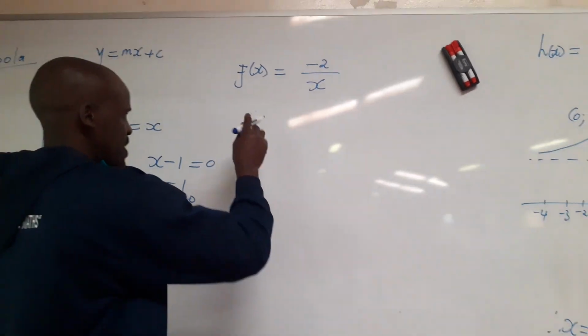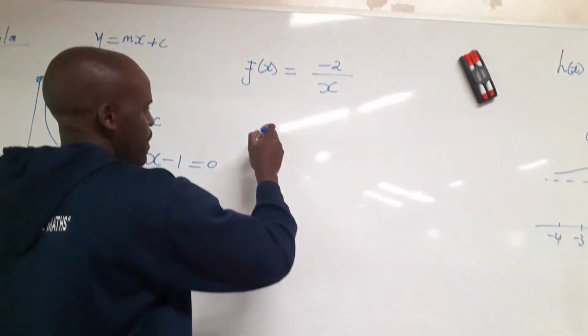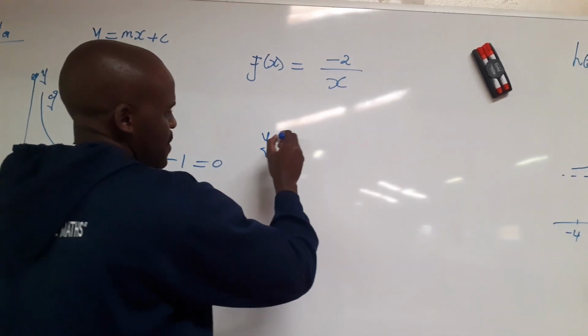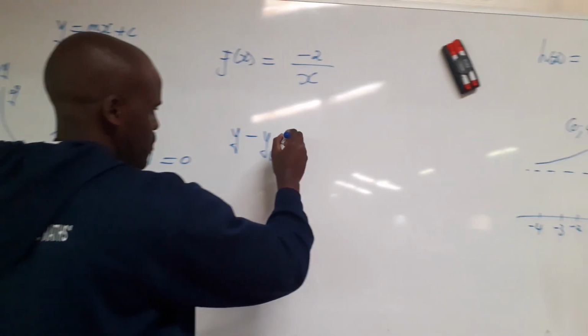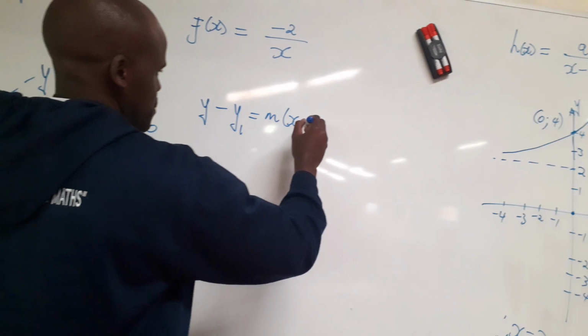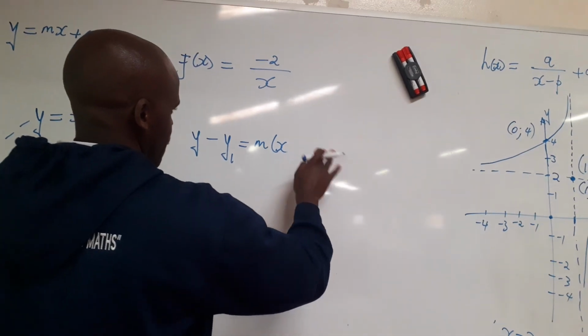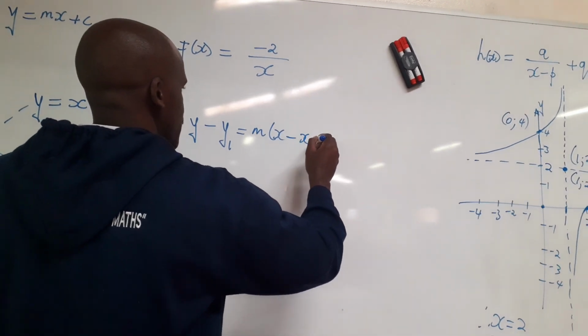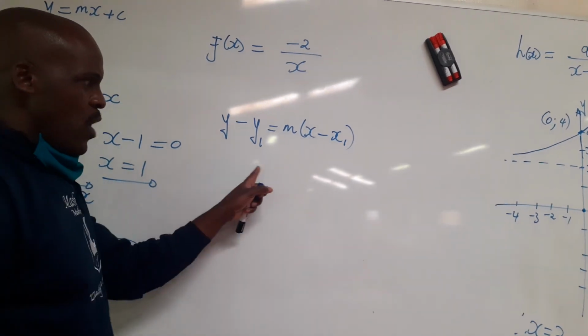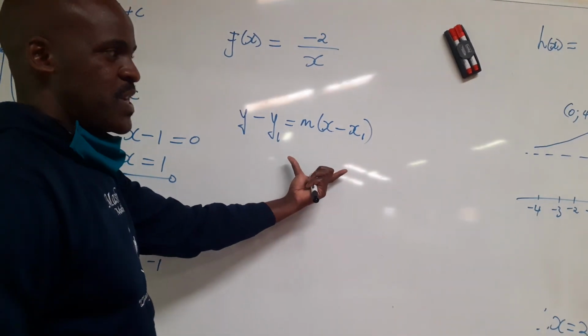Remember that it's a straight line, therefore it's y minus y1 equals m into x minus x1. y1 and x1 is the point of intersection.